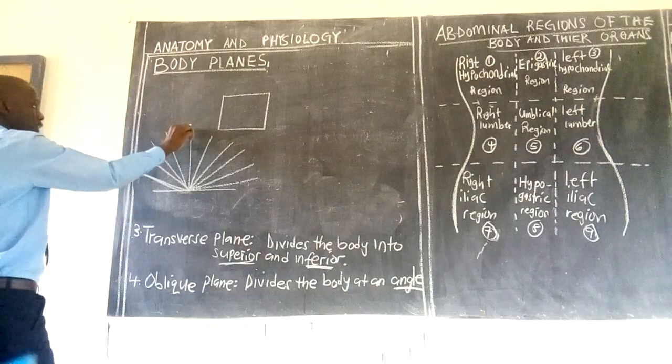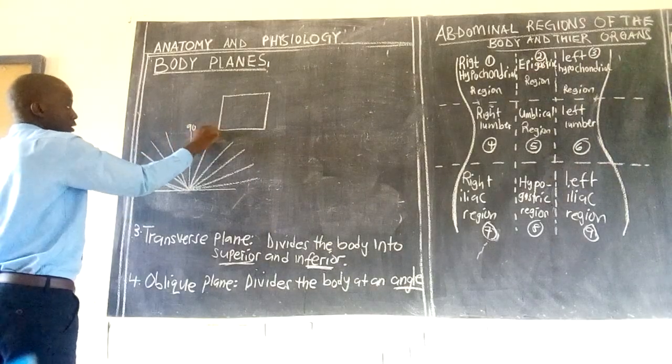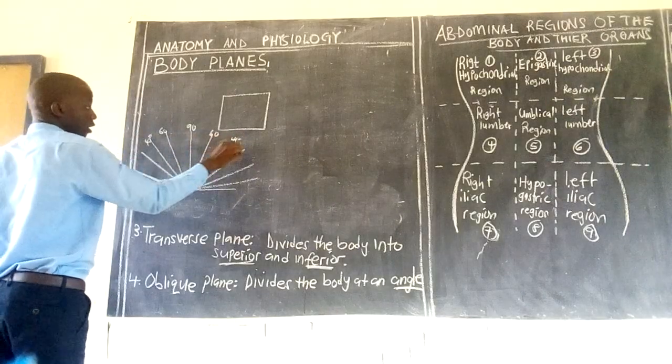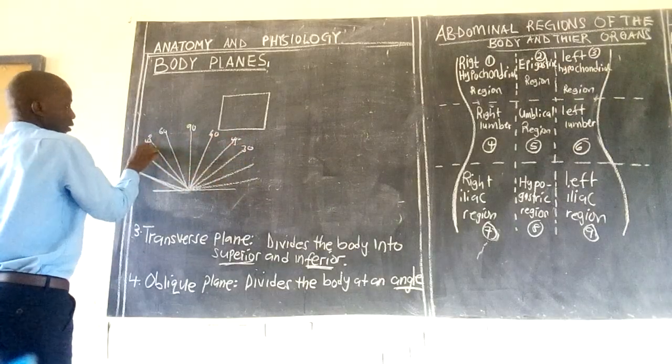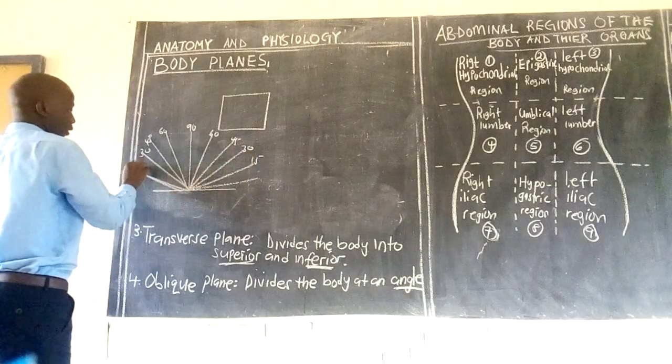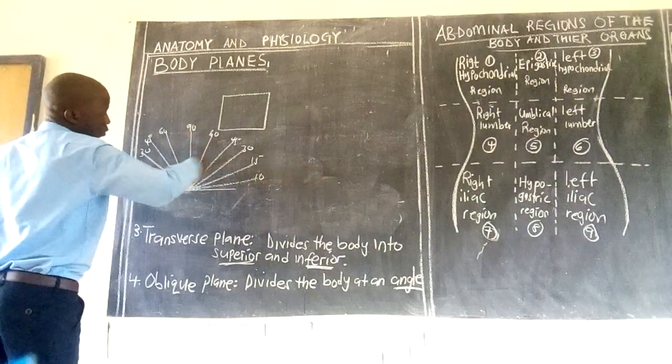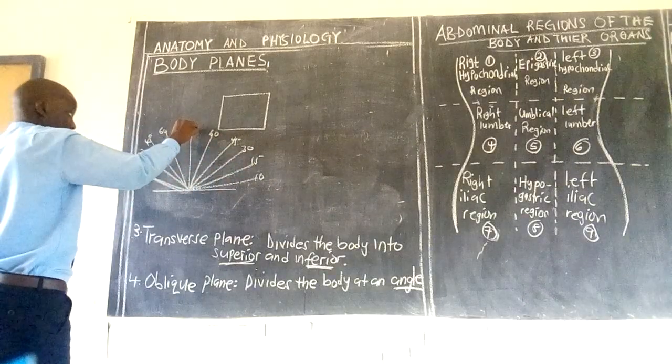So if this is my 90, this can be my 60, this can be my 45, this can be my 30, this can be 15, this can be 10. So these are various angles that are oblique except the 90.